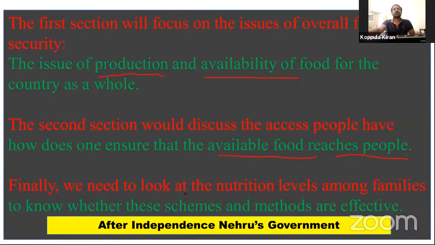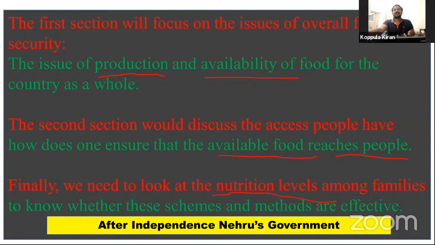Finally, we need to look at the nutrition levels among families. After the food reaches the people, then what happens? Do nutrition levels improve or not? This is to know whether these schemes and methods are effective.